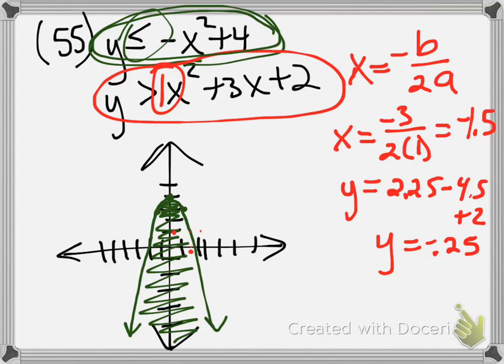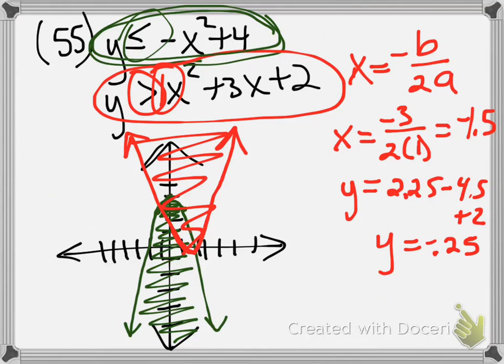So halfway there, and I'm going to connect these dots. And this one is greater than, so we're going to shade above. So where do they overlap? Right here in this little section is where the overlapping is. So I'm coloring it in purple so that you can be sure and see it. That's what my solution would be.